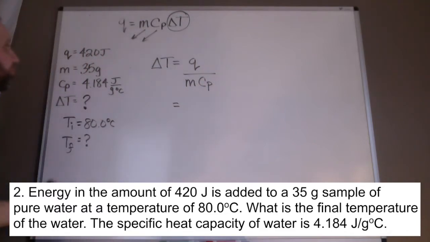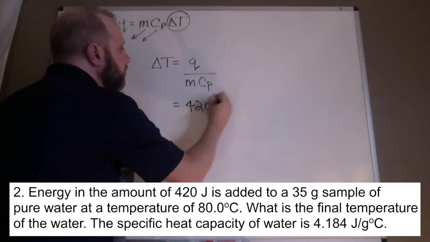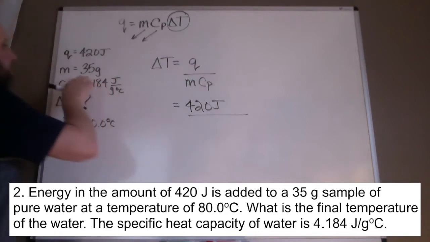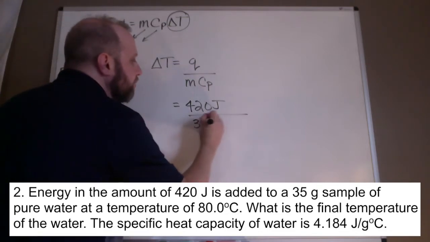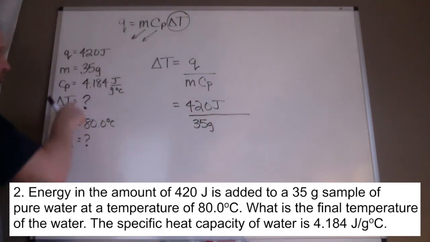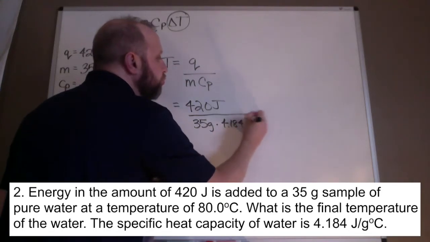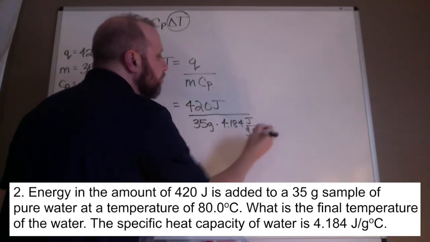So my value for Q, 420 joules, is going to be divided by my mass, 35 grams, and my value for Cp, which in this case is 4.184 joules over grams degrees Celsius.